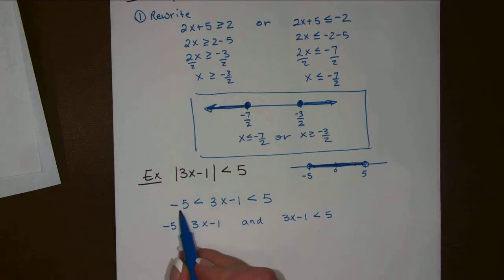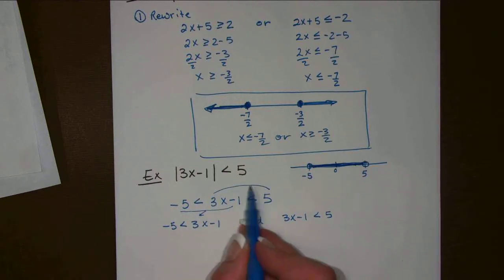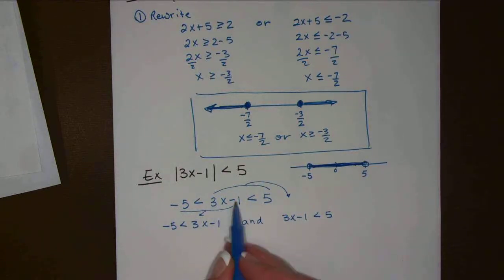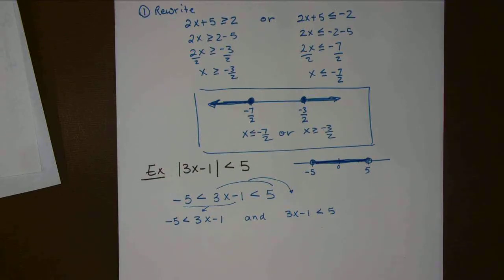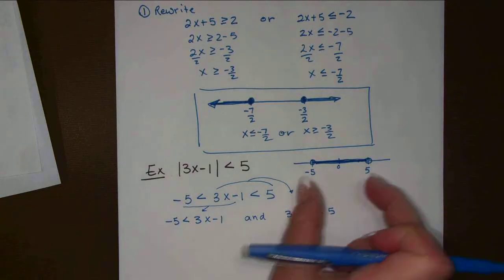So we take this piece, and then we do the same thing, take the middle with the greater than, and the middle with the less than 5. So split them up into two questions and then solve it, and then it'll go back together in between.